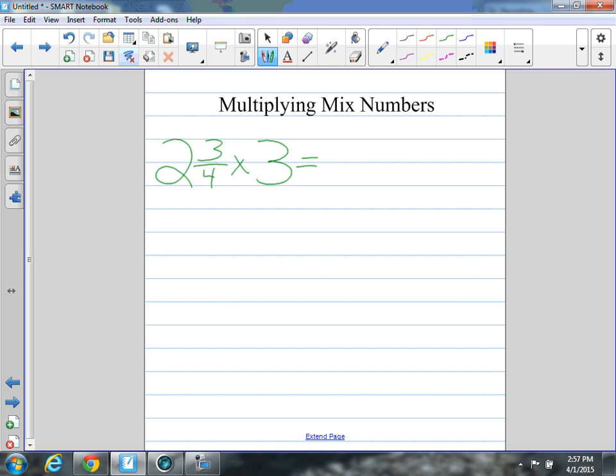First method is going to be improper fractions. It's simple. I'm going to go back through and do all that work again for 2 3/4. Okay, 2 times 4 is 8. 8 plus 3 equals 11. 11/4.